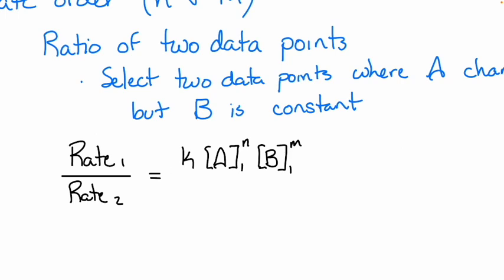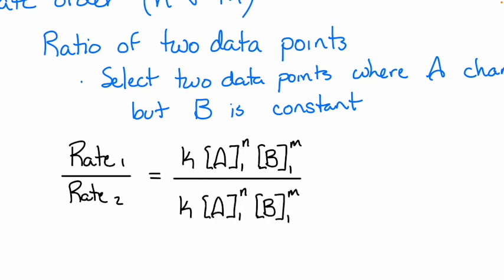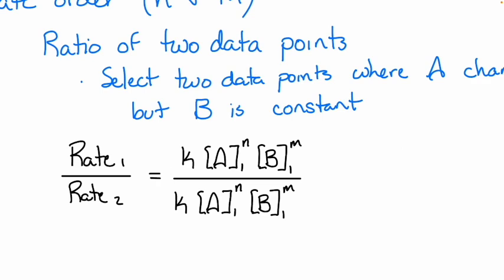So A was raised to the power of n, B is raised to the power of m. And then we're going to do the same thing for our second data point: K times the concentration of A at that second data point raised to the power of n times the concentration of B at that second data point raised to the power of m.